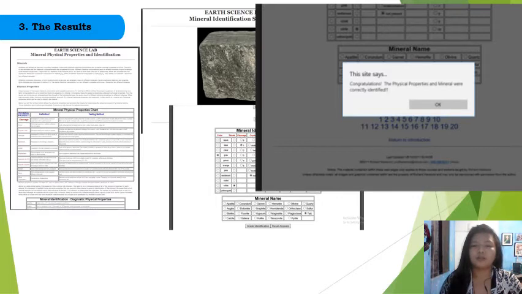But looking at it deeper and identifying those characteristics, if the observation is correct and all the tests match, we can look back to those minerals that have the same characteristics. So we know that it is salt.